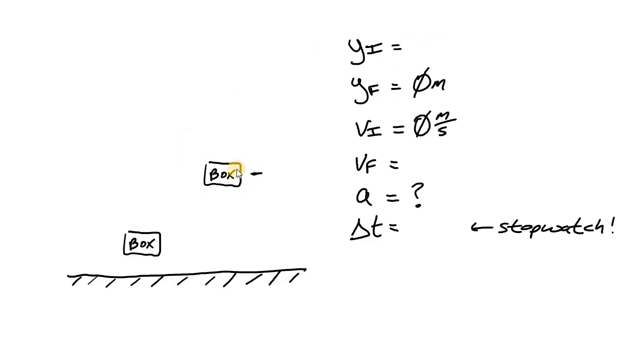Am I going to lift the box this high, maybe a meter off the ground, or this high, maybe just half a meter or a quarter of a meter off the ground? Let me just tell you this: the higher we have the object, the better. If I drop the box from a very low height and I'm trying to time it with my stopwatch, there's going to be a little bit of error, and we should expect that because we're not going to be perfect with our stopwatches.